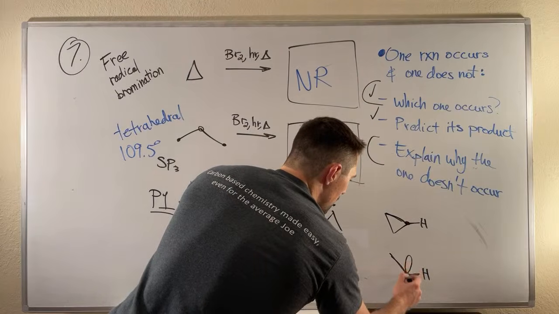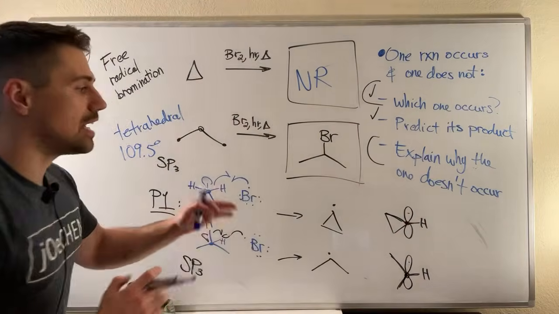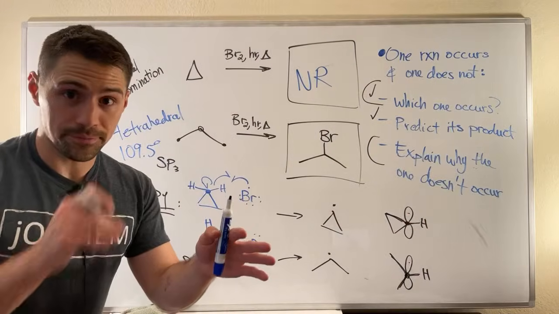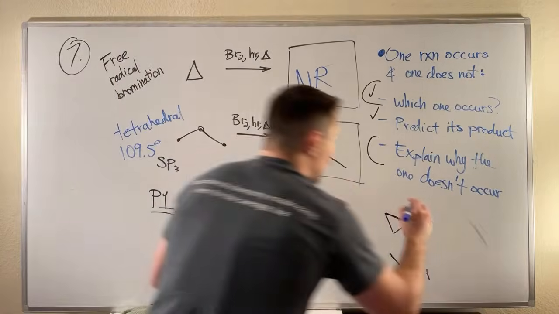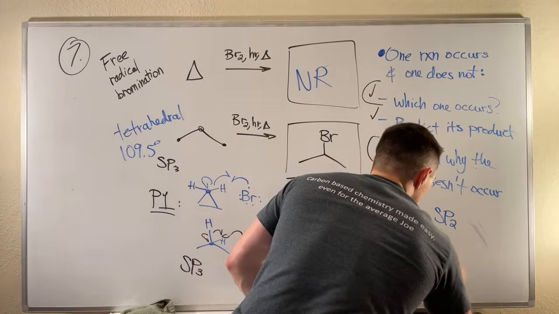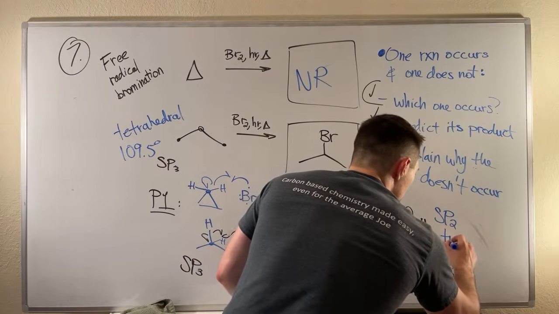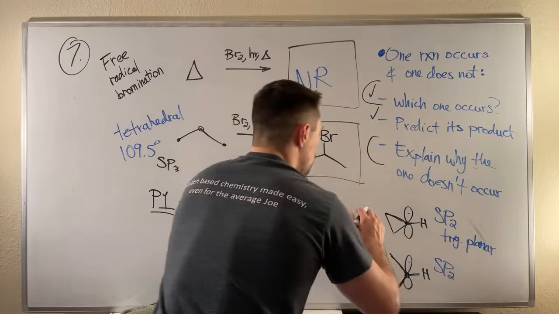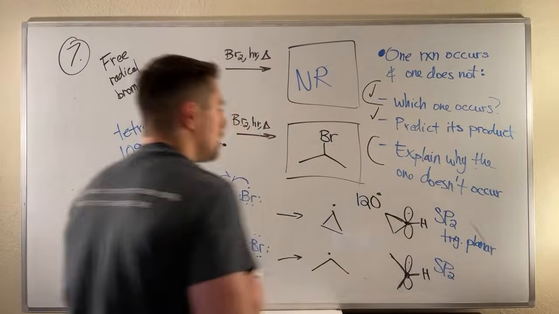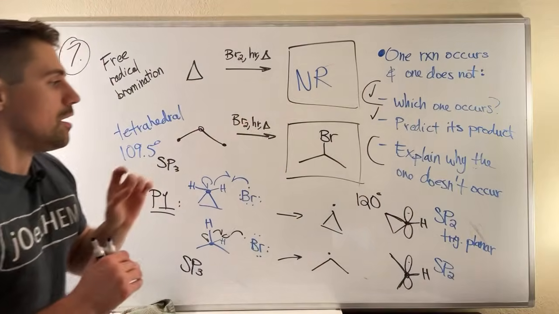And weirdly enough, the radical electron resides in a p orbital all by itself, meaning that radicals are sp2 hybridized, their shape is trigonal planar, and they like 120 degree bond angles. Now, this is what explains why this reaction doesn't go.